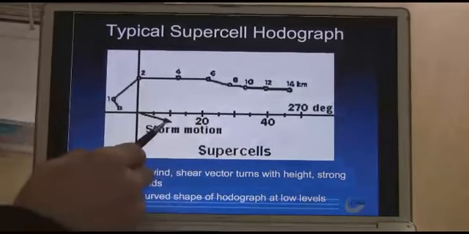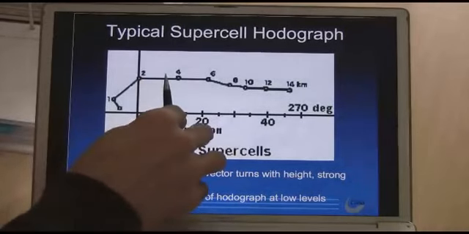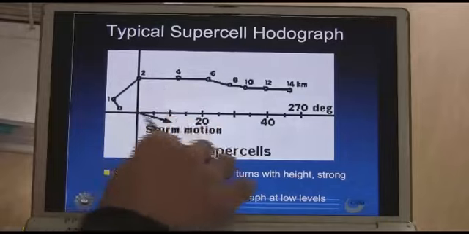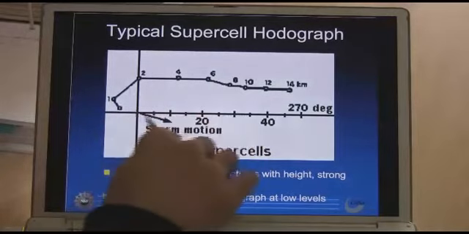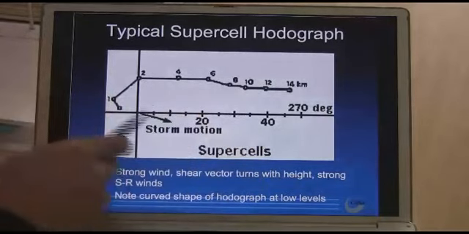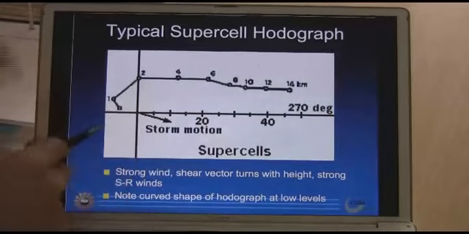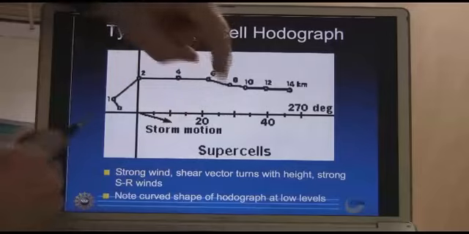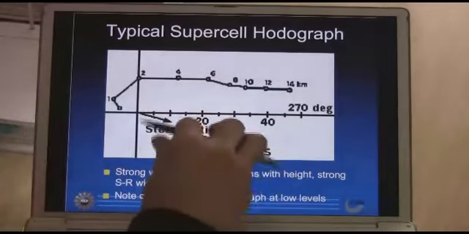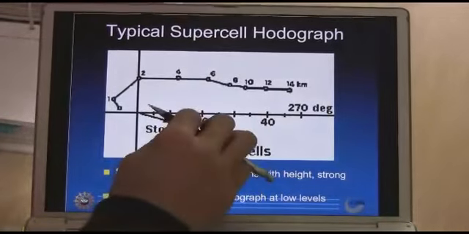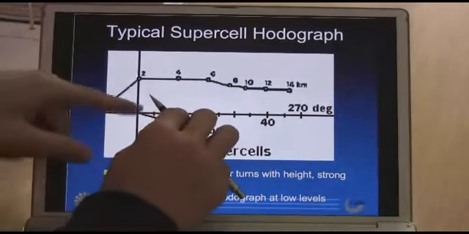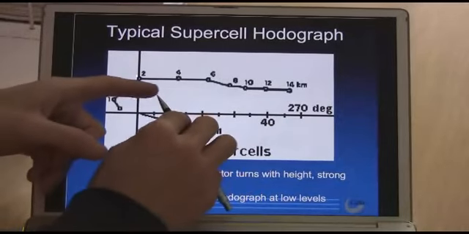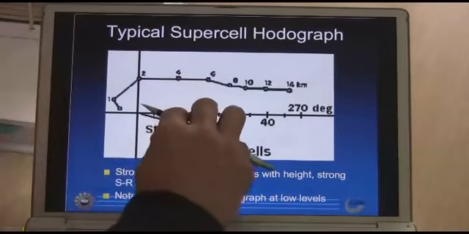Just eyeballing this, you could say the helicity between the surface and 3 kilometers looks like a pretty good area right in here, right? And are the storm relative winds greater than 10 meters per second throughout that whole depth? Yeah, absolutely, assuming this is meters per second. Storm motion vector, this is 10 meters per second, so sure enough, the 10 meter per second value is here, and it doesn't even touch the hodograph.